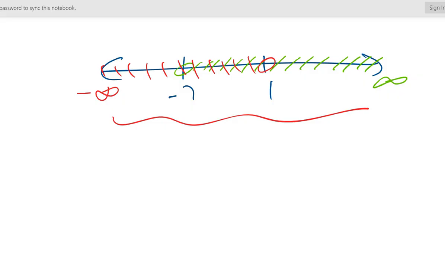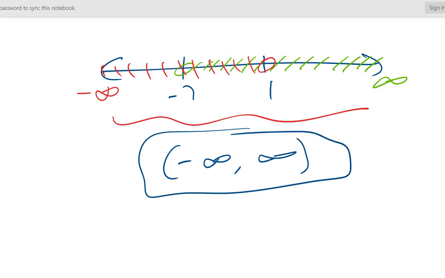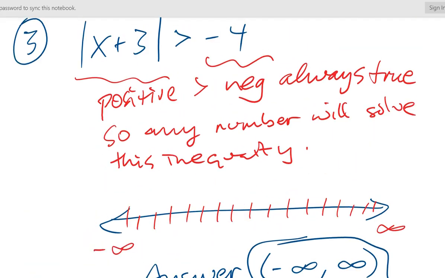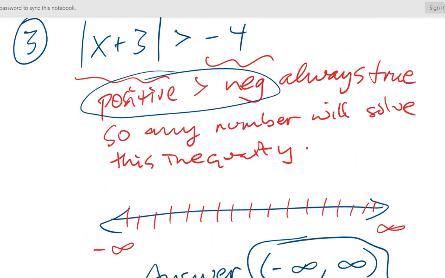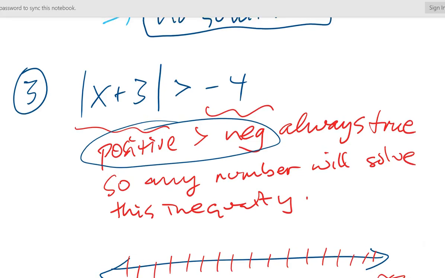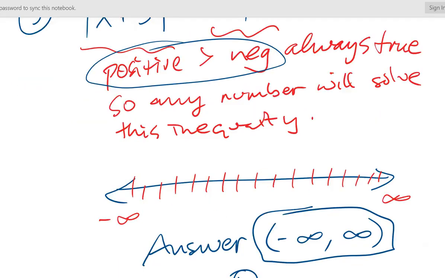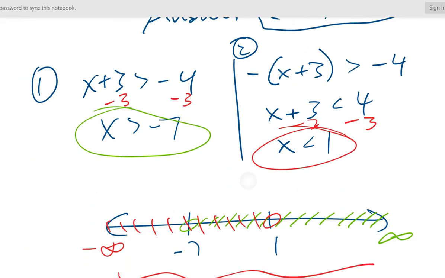It's the two cases together, so it's the whole thing. So your answer is negative infinity to positive infinity, which is the same thing we got before, just noticing what was going on immediately. But if you don't notice that you've got an absolute value greater than a negative number, which is always true, then you would just walk through the same business that we did before.